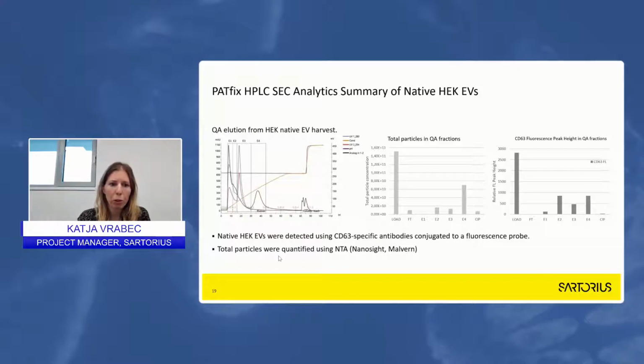And we compare that to total particle analysis using NTA. Again, on the bar graphs, we can see that the most particles were measured in E4, followed by E2. And on the fluorescence detection, we can see that the most particles were detected both in E2 and E4 fractions.